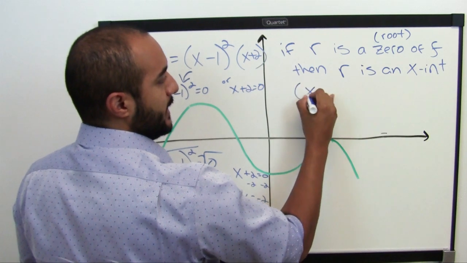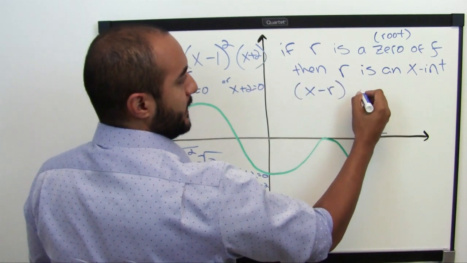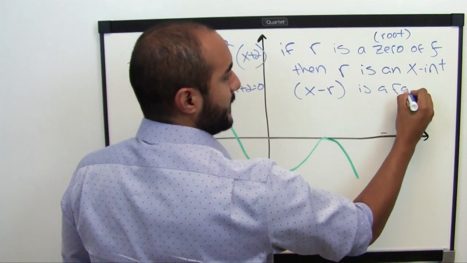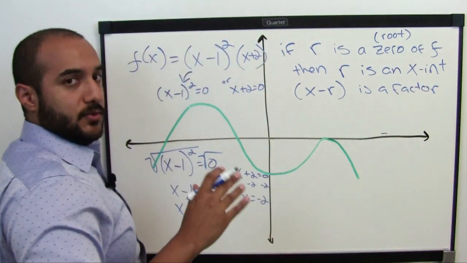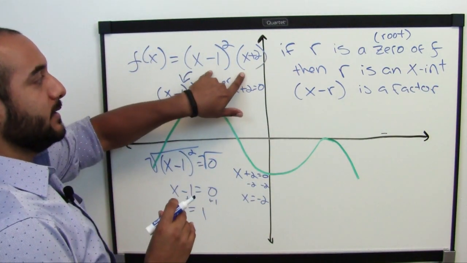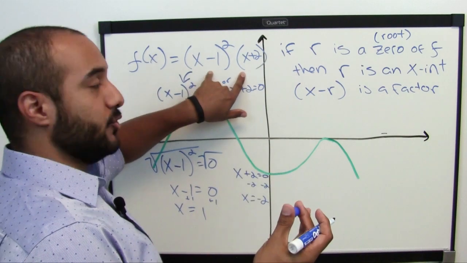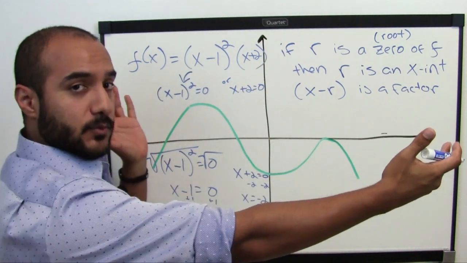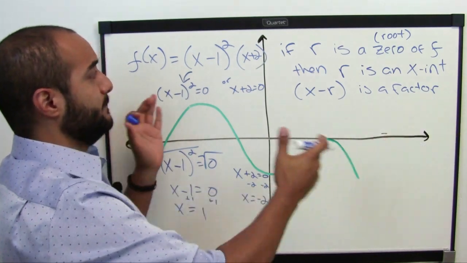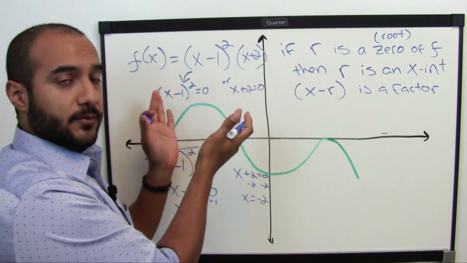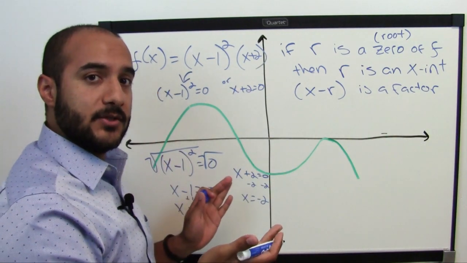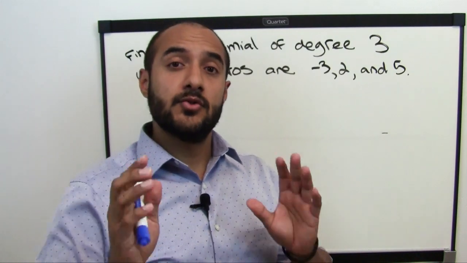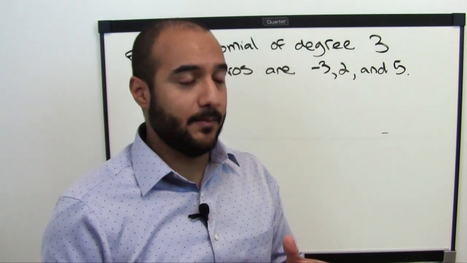So I can say x minus r is a factor. Notice that to make this sketch, we already gave you something that was factored already. We didn't write it out expanded. It was already factored. Like that, we'll be able to make our sketches quicker. So you'll see that better with an example.